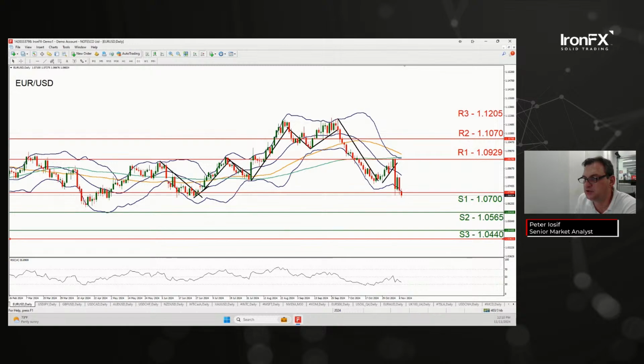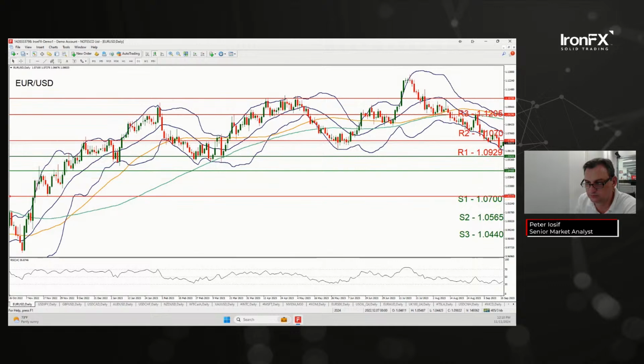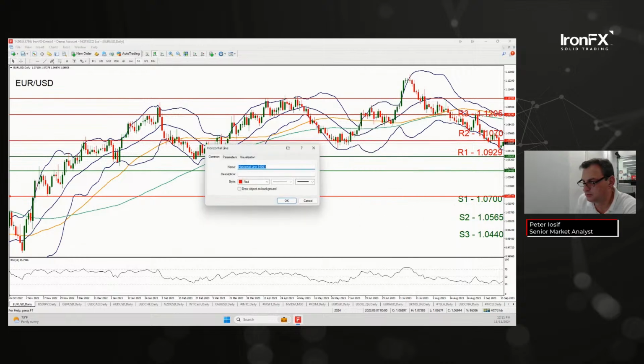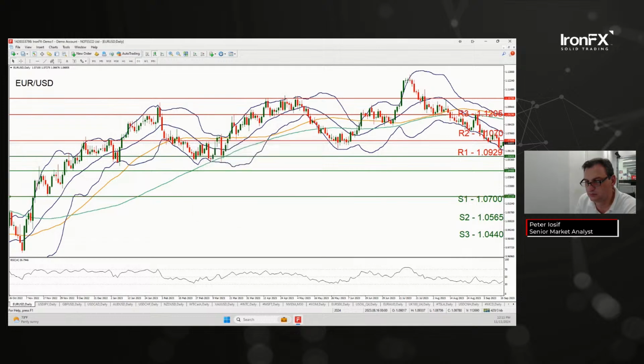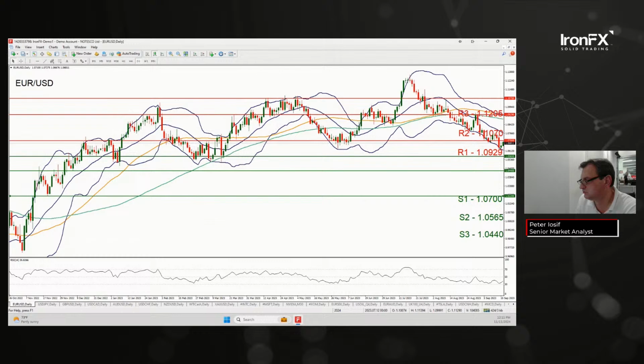Let's go hunting for a new ultimate support level. A clear-cut show here, in green, at 1.0220.